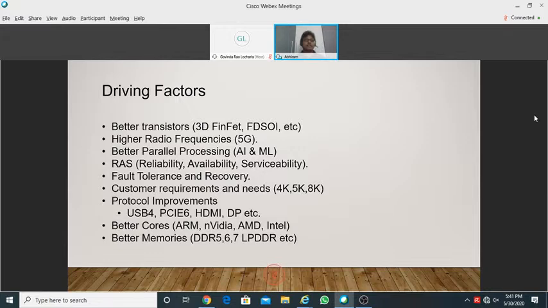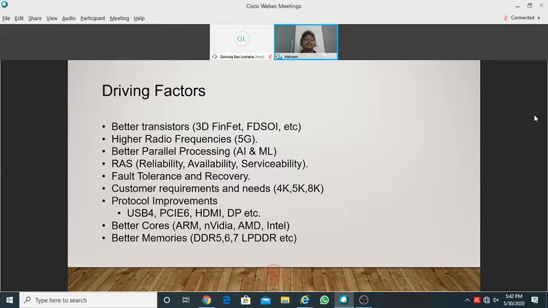Every day a lot of people are researching transistors to reduce power consumption and leakage currents, something like 3D FinFET, FDSOI, etc. The second point is higher radio frequencies. In 2020 we are progressing towards 5G, and the higher the radio frequencies, the bulkier the RF logic becomes. That is where we need very complex technologies like 5 nanometer and 7 nanometer.